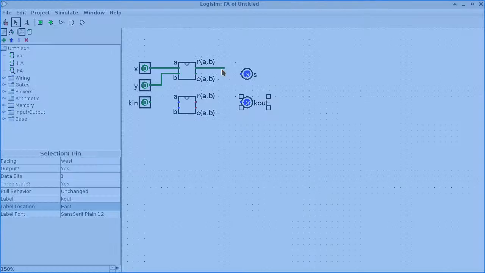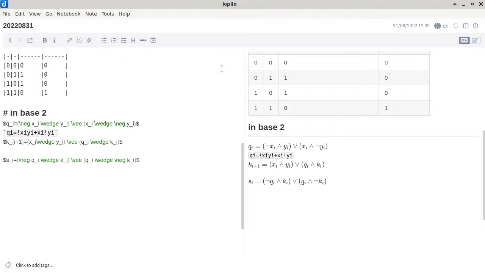Okay, let me give you a hint. It may not look clear here, but all this is Xi exclusive OR with Yi. So what is the other name of that computation? Q. Very good. So how do we use Q? Q is used here. So Q is also exclusive ORed with Ki to come up with Si.